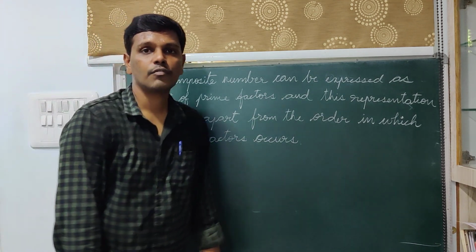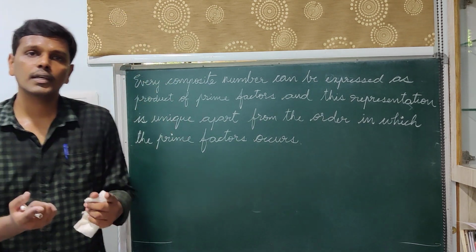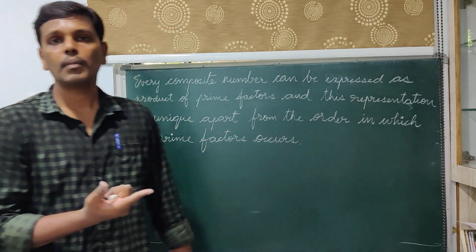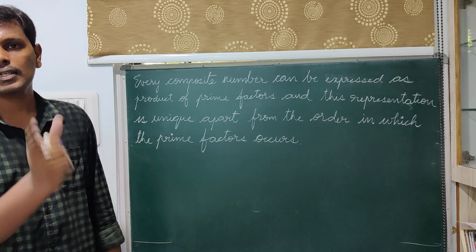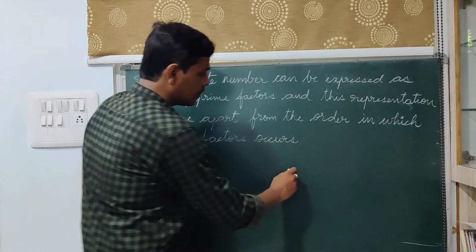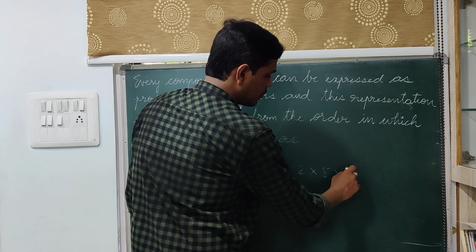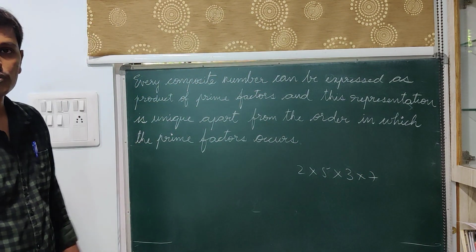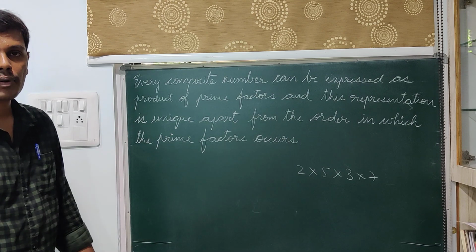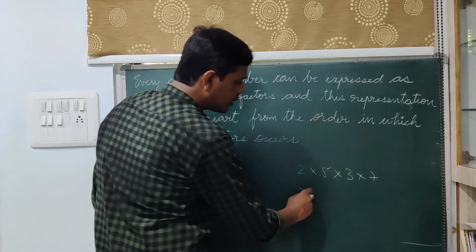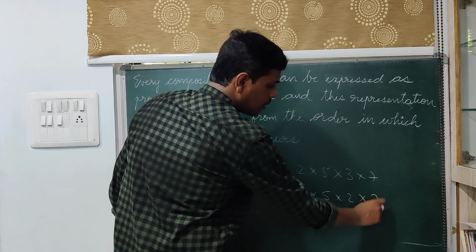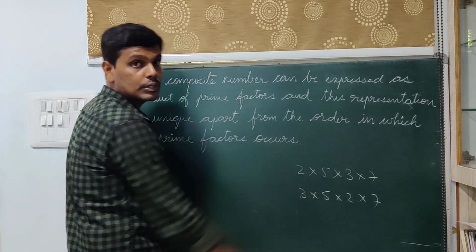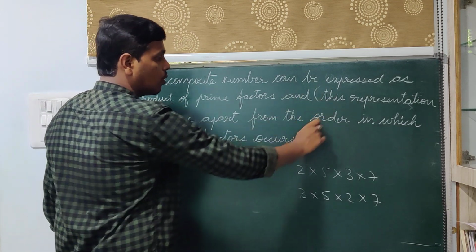For a number, if you do a prime factorization, say you come across 2 into 5 into 3 into 7, and if you adopt a different method, you may arrive at a different order, but you will come across the same prime factors in both cases. So that is the meaning of this part.